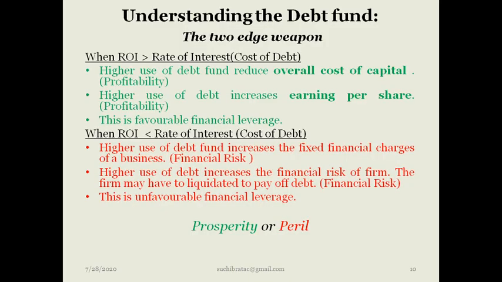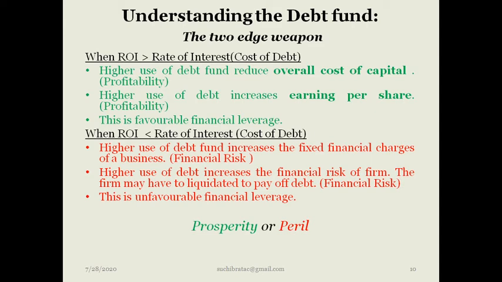Now let's understand the debt fund. It may act as a two-edged weapon, meaning it can work in both a positive way and a negative way. So the business firm needs to be very careful while going to source funds from debt sources.